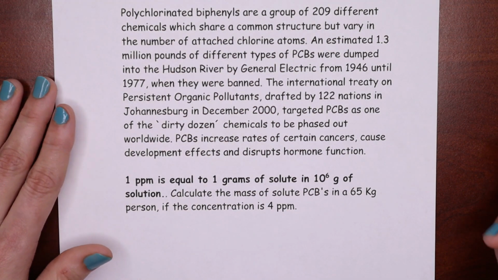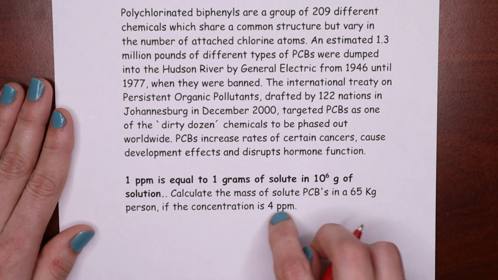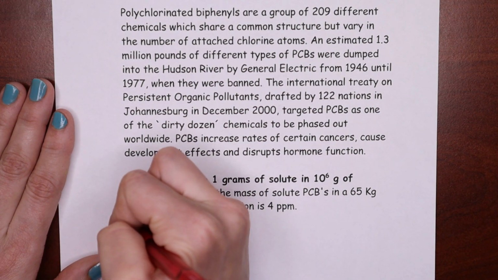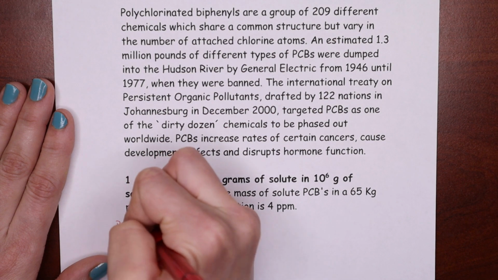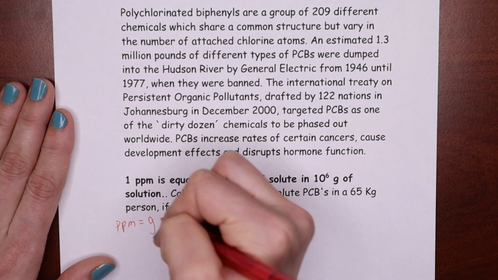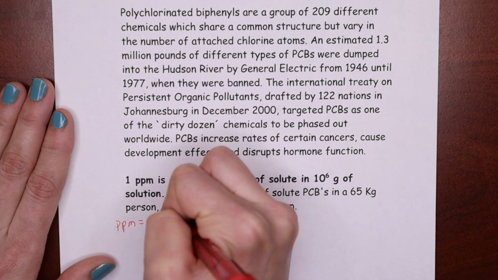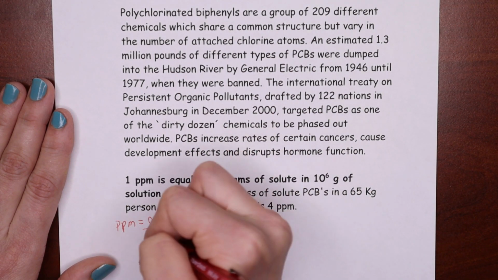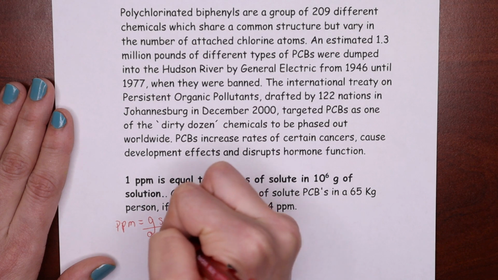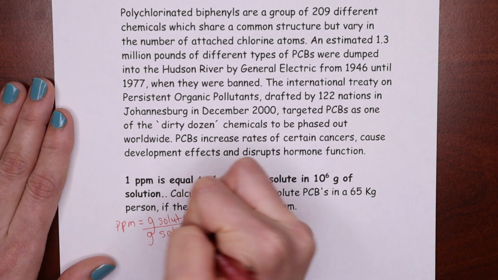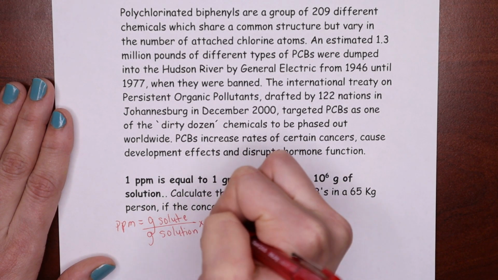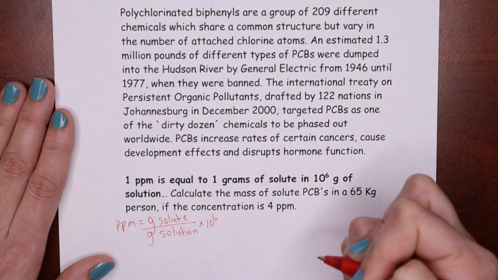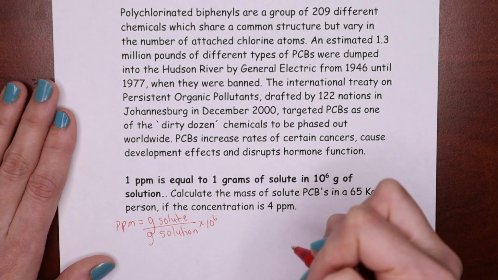So again, like we discussed in the previous question, if we have parts per million, the equation that we have to know is grams of solute over grams of solution times 1 million.